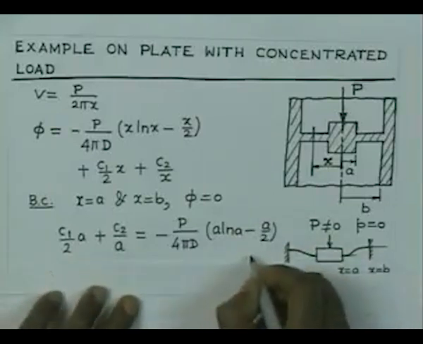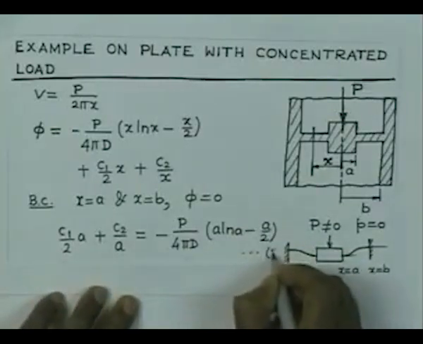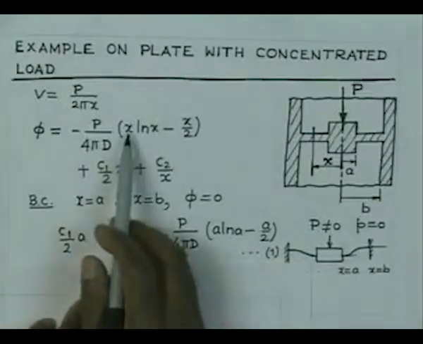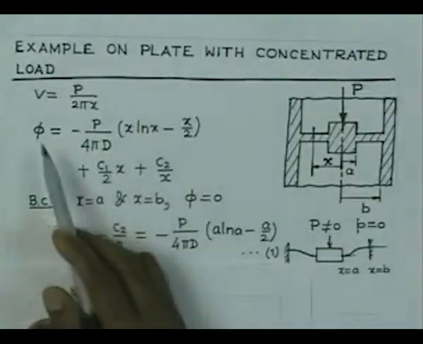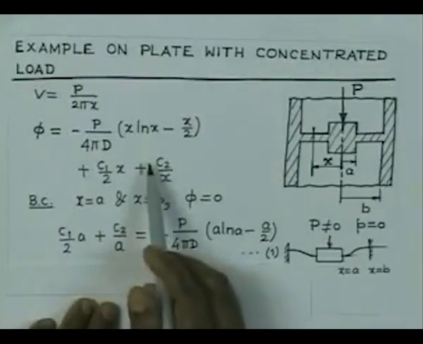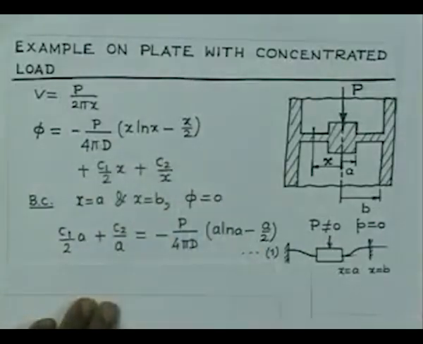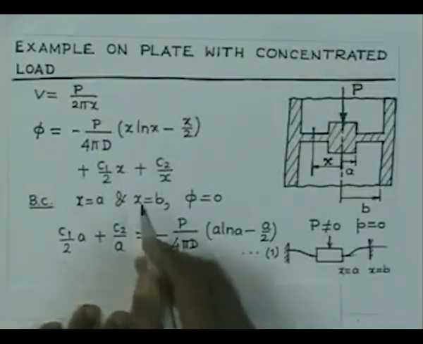So, let us say that is equation number 1. So, we have simply substituted x is equal to a, and then since phi is 0, we have taken this part on one side and the other part to the right. This should be plus.